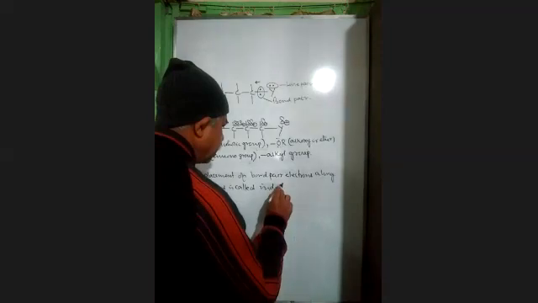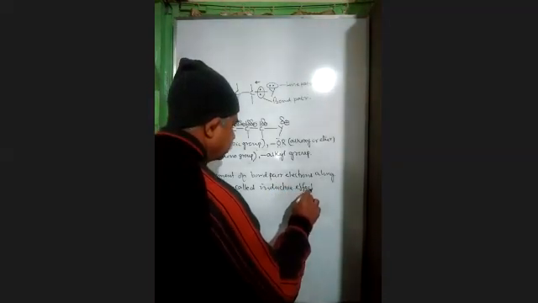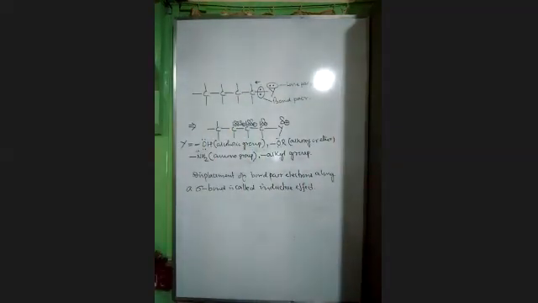Simple one. So many things might be written in your book. This is the summary of it. Displacement of bond pair electrons along a sigma bond is called inductive effect.